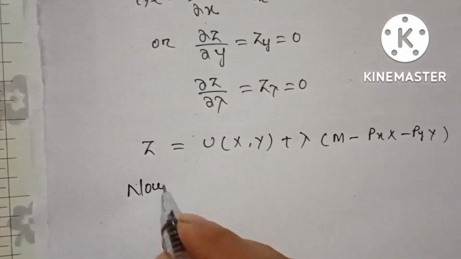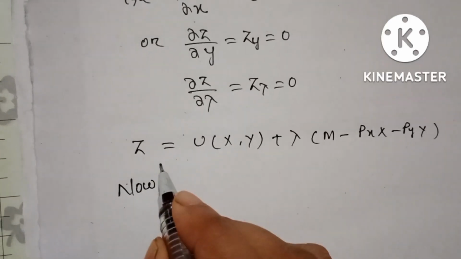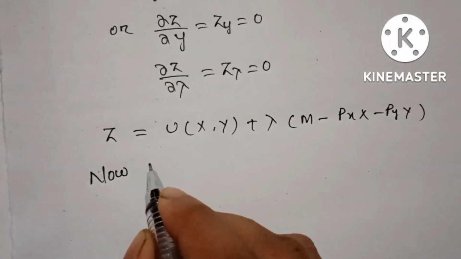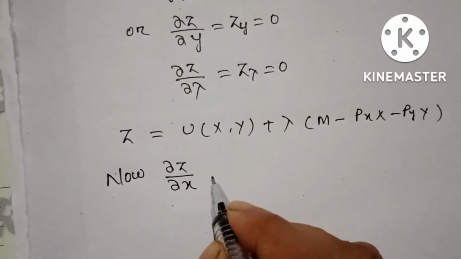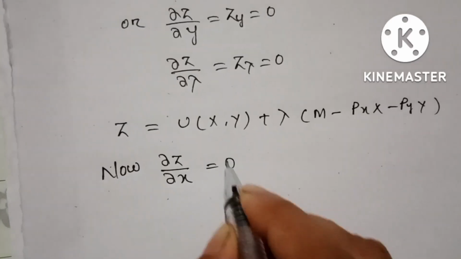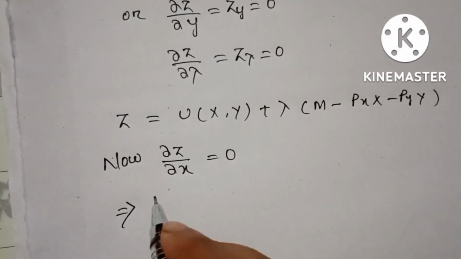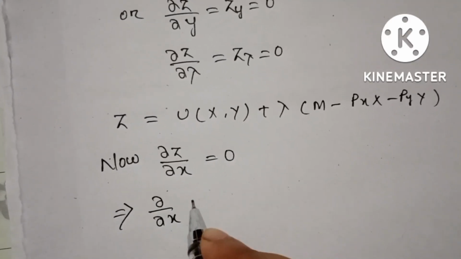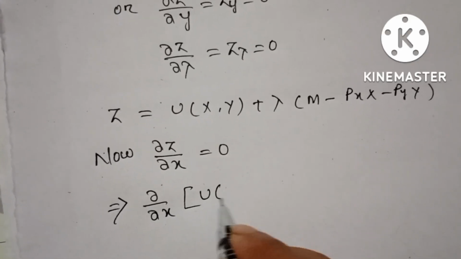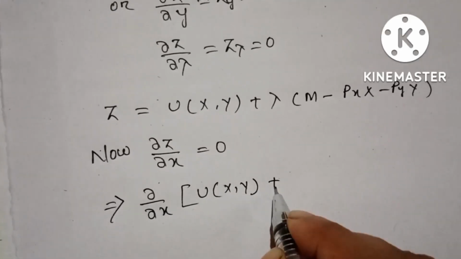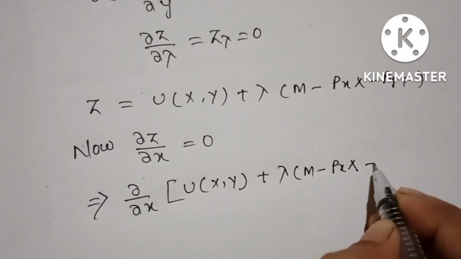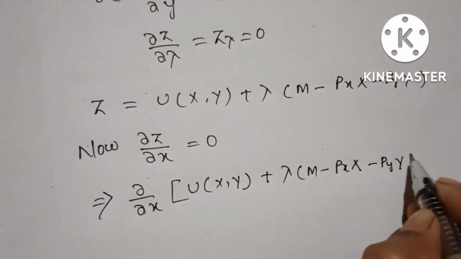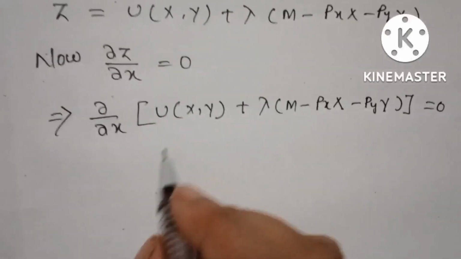So now find the first order partial derivative of the composite function with respect to x. So del z by del x equals 0, that is del by del x of U of x y plus lambda into M minus Px x minus Py y equals 0.